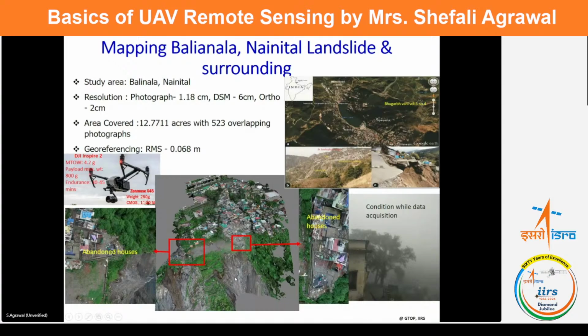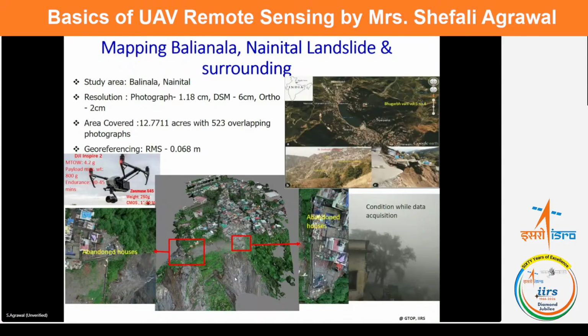So basically, this was done to estimate, if the landslide triggers, which are the areas which will be impacted? So the state government can take remedial measures or immediately pre-warn people to vacate those areas and take further action to prevent landslides in future.